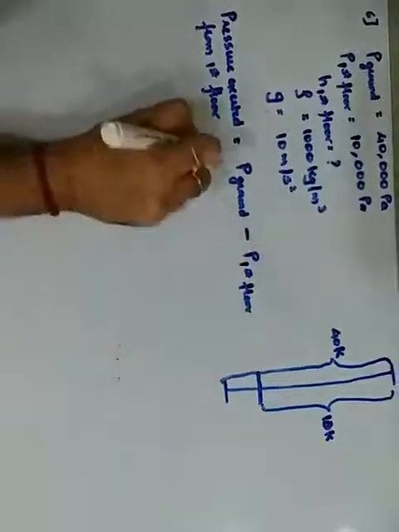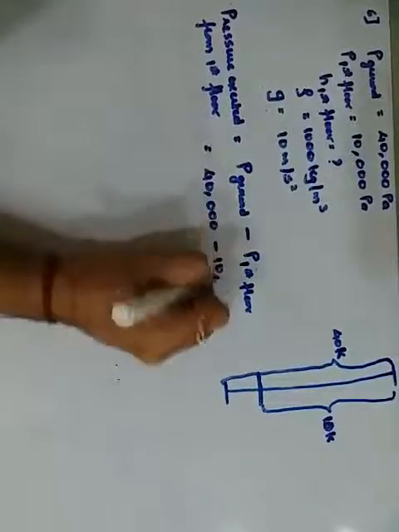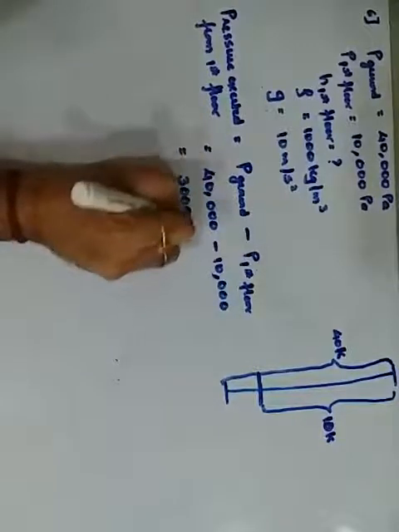So how much does it give you? It was 40,000 minus this 10,000, which gives me 30,000 Pascal.